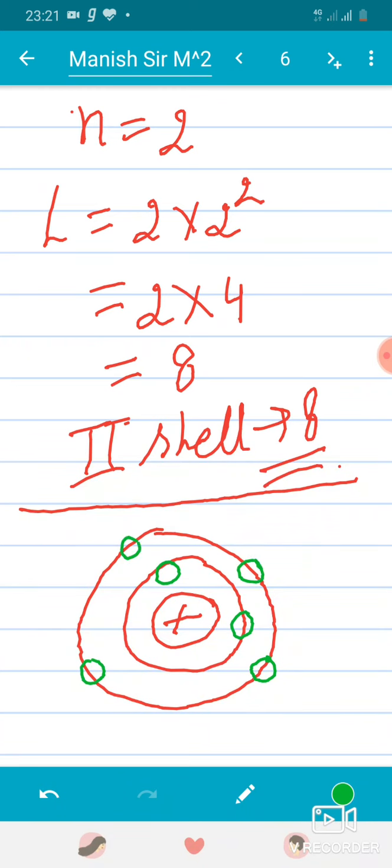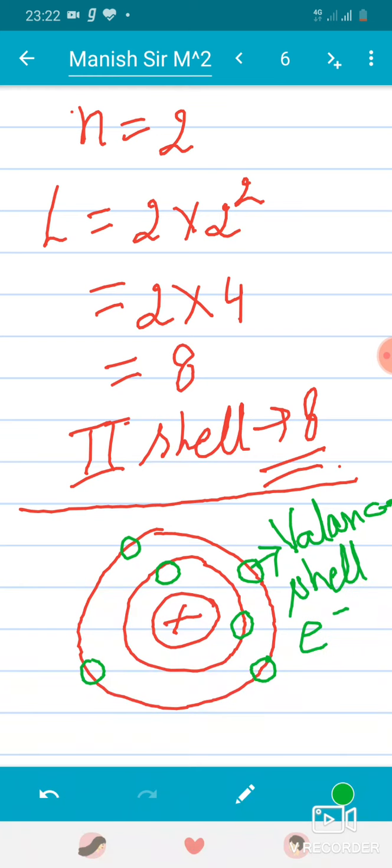The last shell's electrons are known as valence shell electrons. These valence electrons decide the valency of an atom. So this is the theory of atomic structure. Thank you very much.